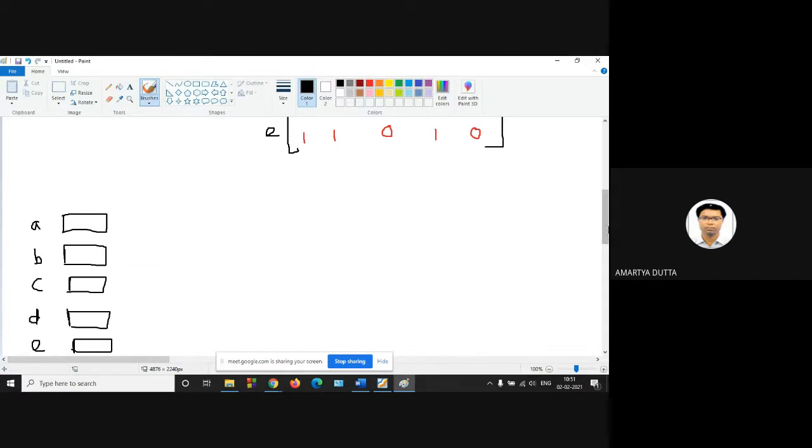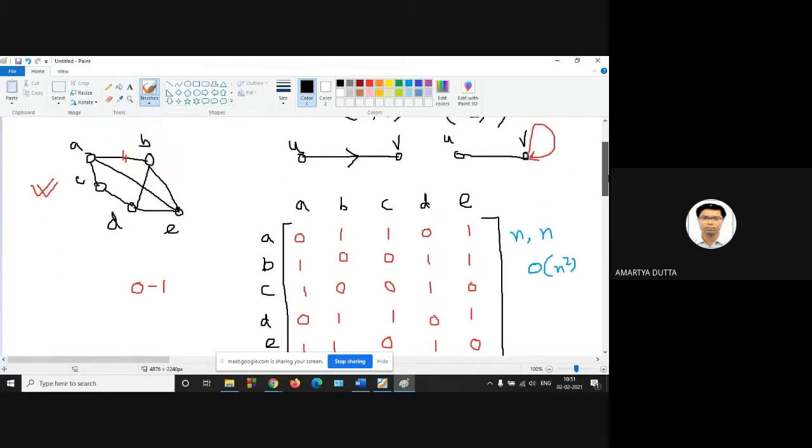Now we have to represent this. So how to represent? From vertex A, how many vertices are connected? B, C, and E. Total 3.